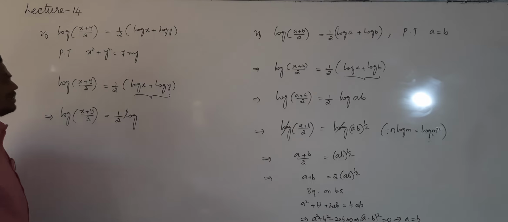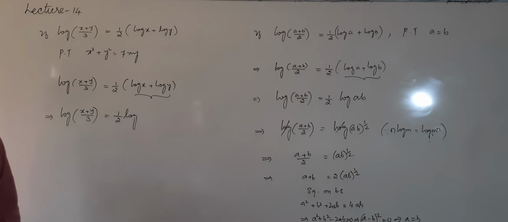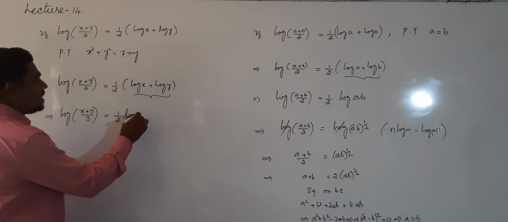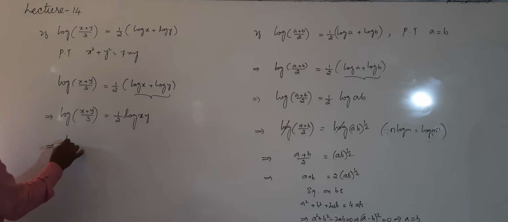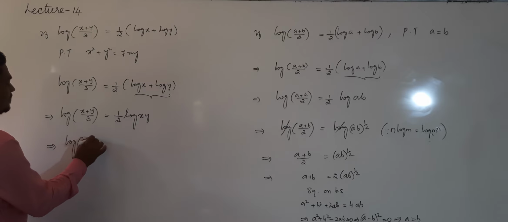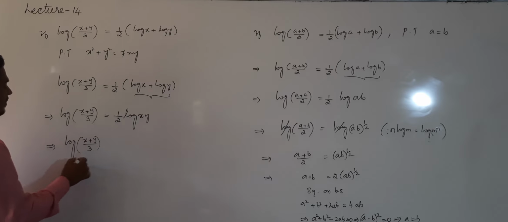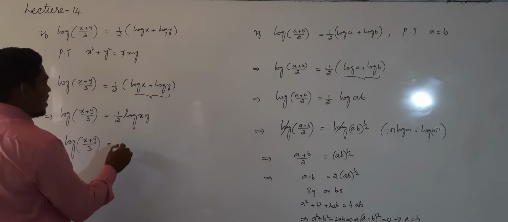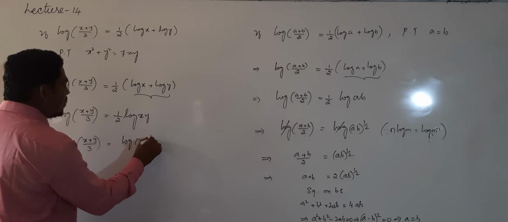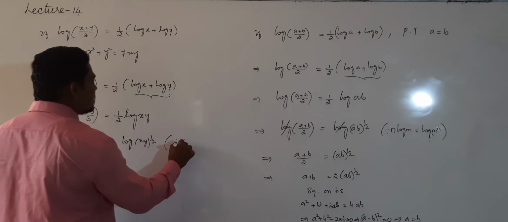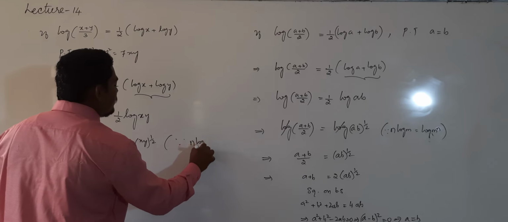Log m plus log n is log m into n, means log x into y. Log of (x plus y) divided by 3 equals n into log m form, so log of (x into y) whole thing power 1 by 2. It is because of the n log m property.